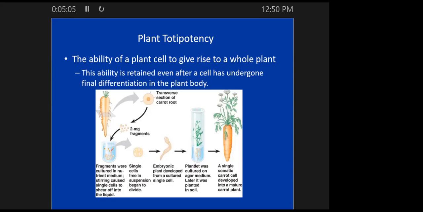Just take a few cells, and under the right hormone concentrations and the right nutrients in a tissue culture process, you can get those few cells to grow, grow, grow, grow. Then you hit them with a different ratio of hormones, and then they go, oh, I'll start forming roots, I'll start forming shoots, I'll start forming leaves, and you're back to your plant.